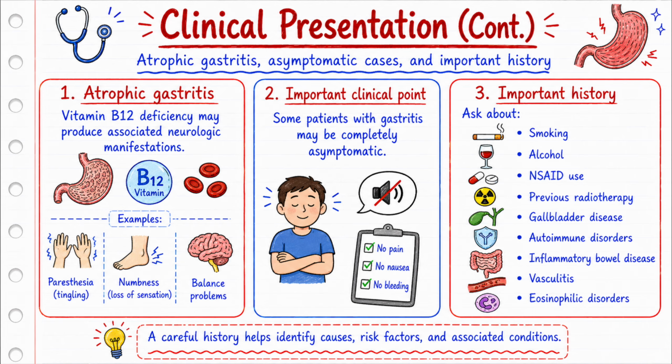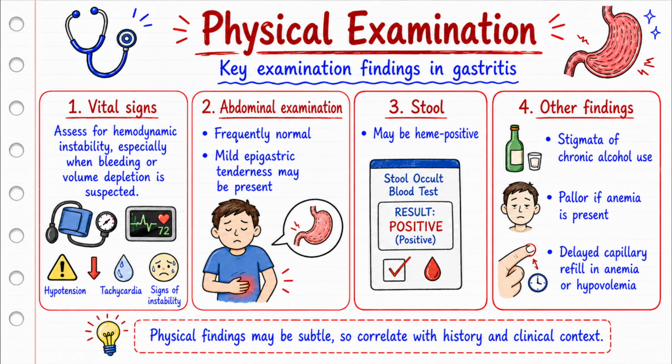After taking the history, the next step is the physical examination. In many patients, the physical examination may be normal or show only mild epigastric tenderness. However, the first priority is to assess the patient's vital signs, particularly if gastrointestinal bleeding or volume depletion is suspected.